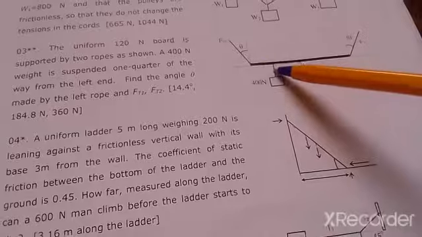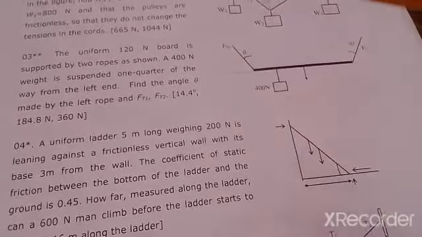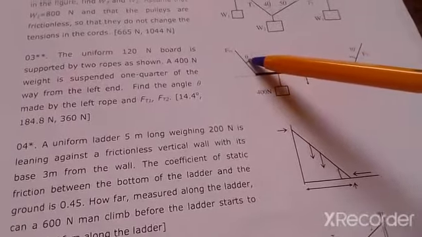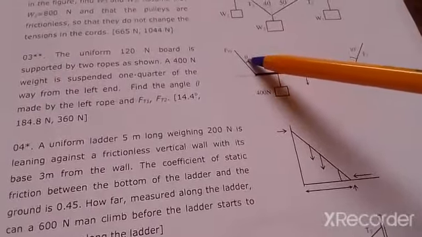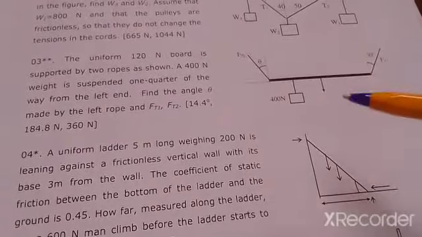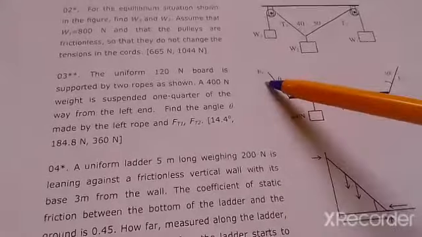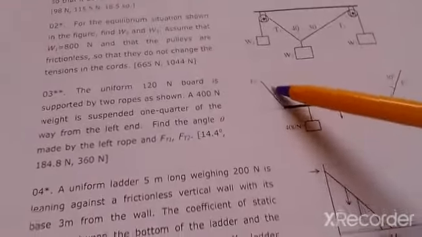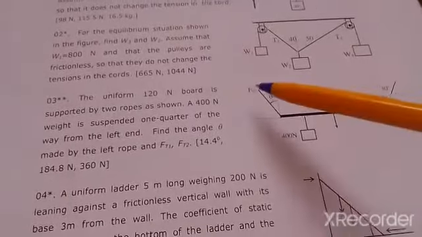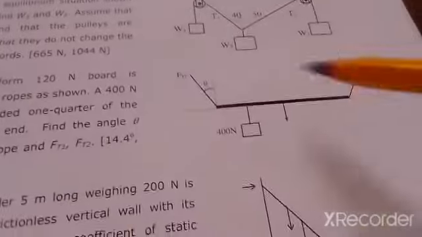So from here to here, we've got 0.25 L. Then find the angle theta, made by the left rope. FT1 is here, and FT2. So we have the task of finding the angle theta; this is FT2, this is FT1.